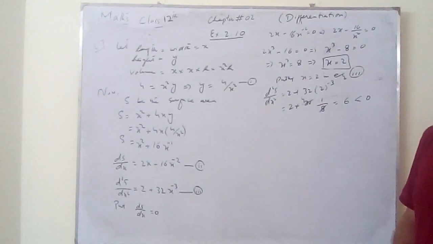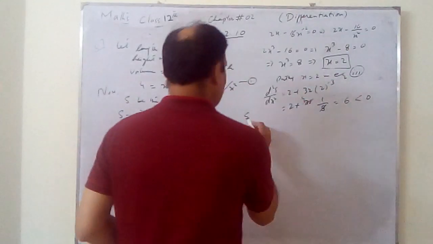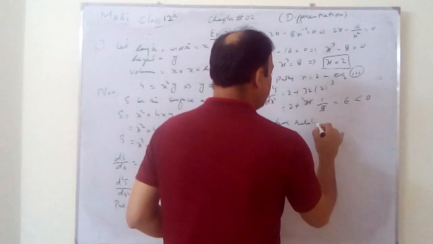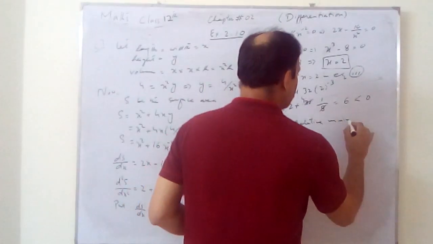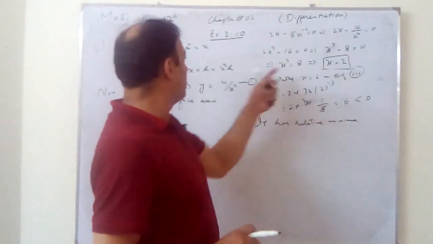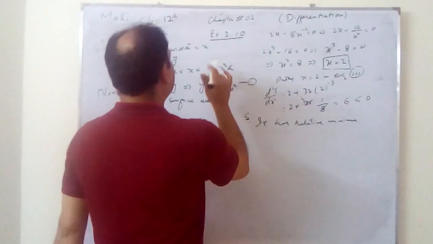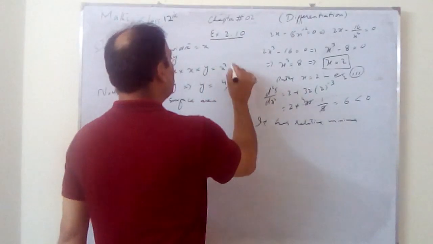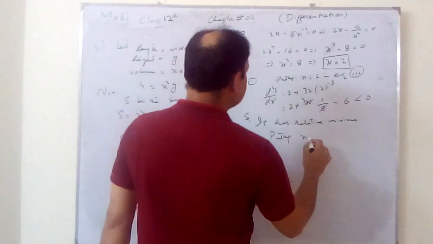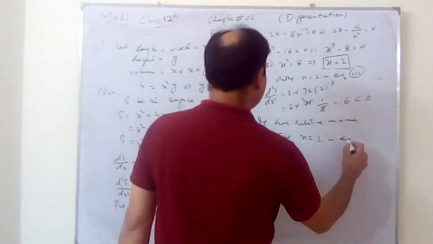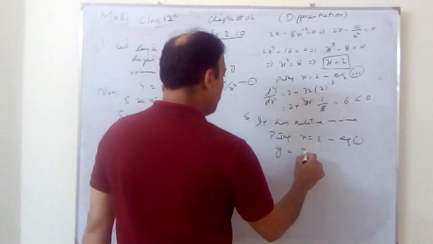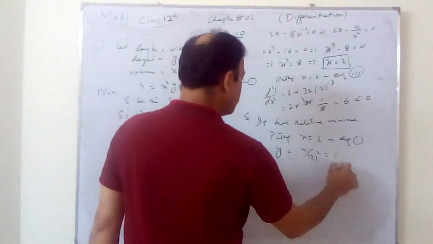So it has a relative minima. Now putting x is equal to 2 in equation number 1, we can find the value of y also. So y is equal to 4 over 2 square, that is 1.